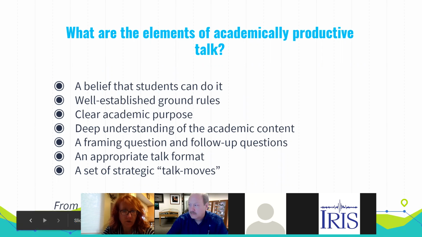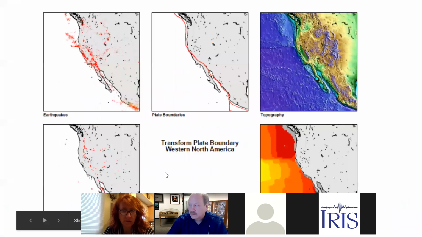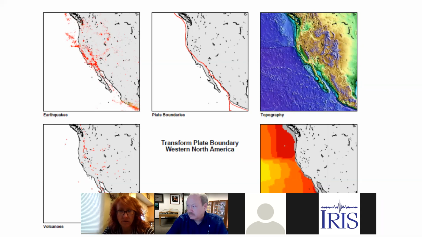Questions, thoughts, comments so far before I talk a little bit about talk moves? When you give the kids, oh, sorry, go ahead. Sorry. Do you find that any of the specialties struggle with the maps more than others? Yes. I think probably the elevation map is one of the more difficult ones for the kids.